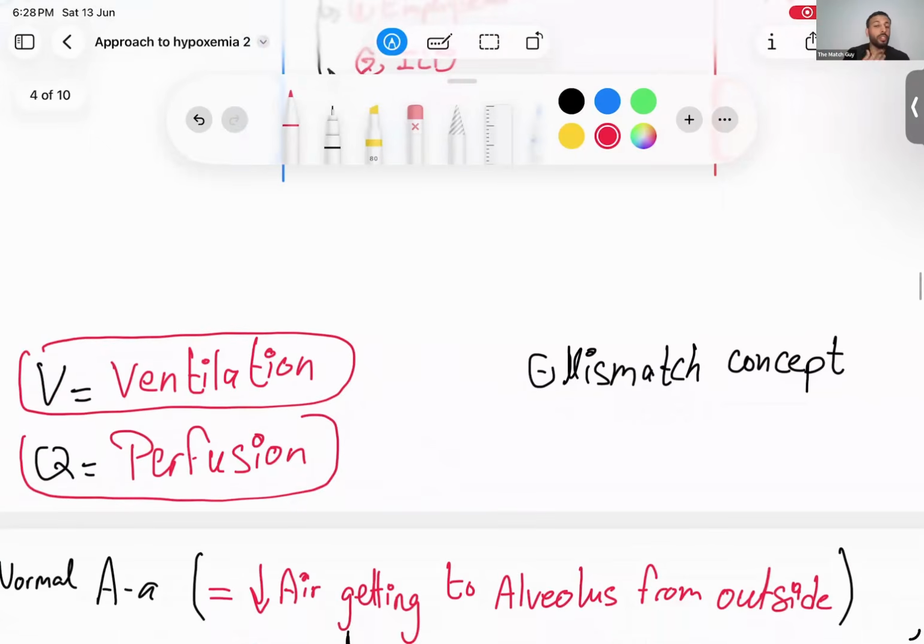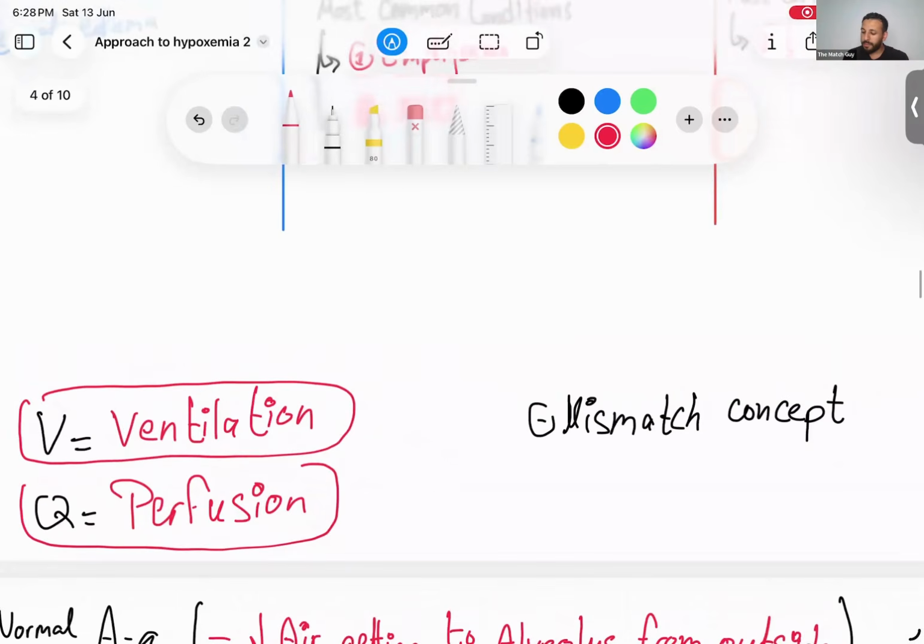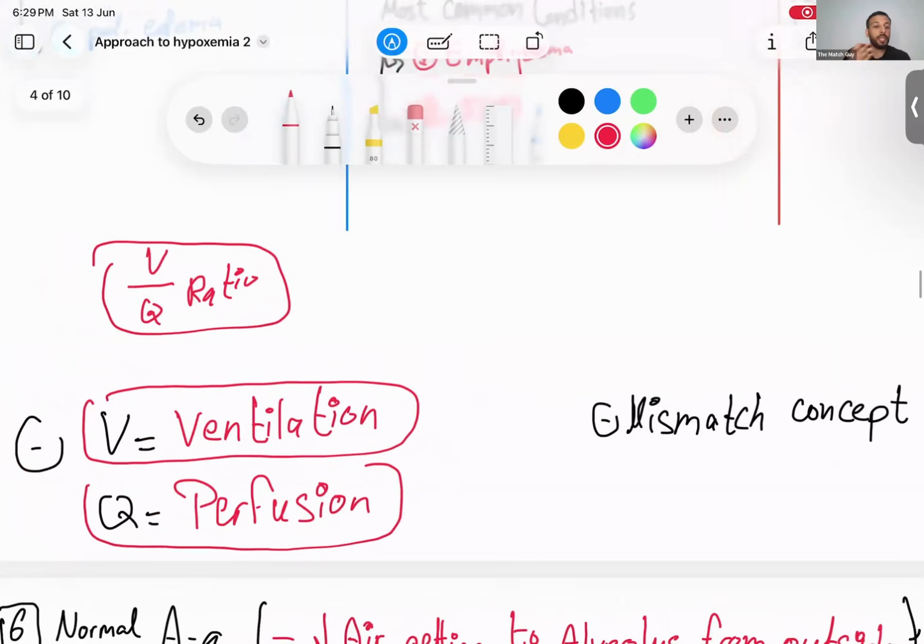Okay. And we usually use a ratio called the VQ ratio. Why? Because it's gonna give us some differential diagnoses. Normally there should be similarity between the amount of alveoli ventilated and the amount of alveoli perfused. If there is a discrepancy between them, what do I mean by discrepancy? Like there is an alveolus that is ventilated but is not receiving blood supply.